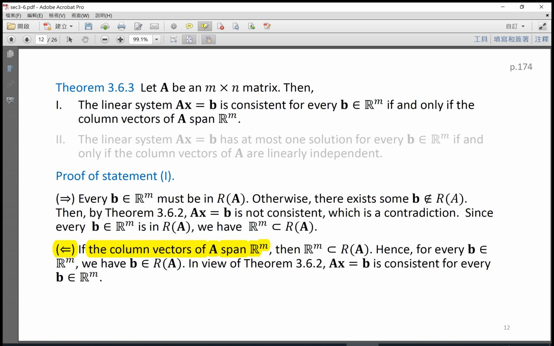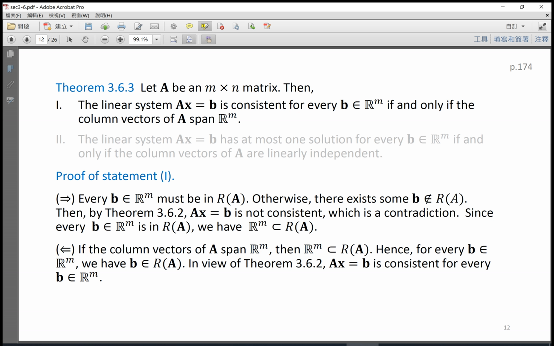Then this condition means that Rm is a subset of the range space of A. Hence, every b in Rm is also in the range space of A. Then since b is in the range space of A, we know that the linear equation is consistent for every b in Rm, and the proof is finished.